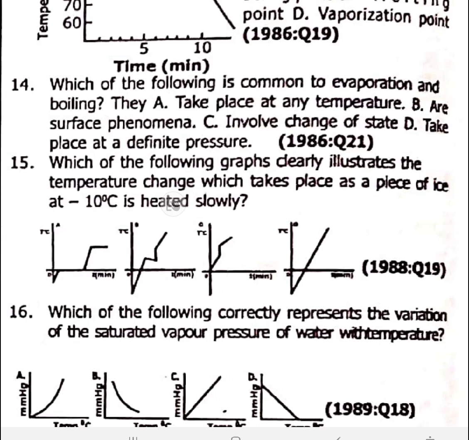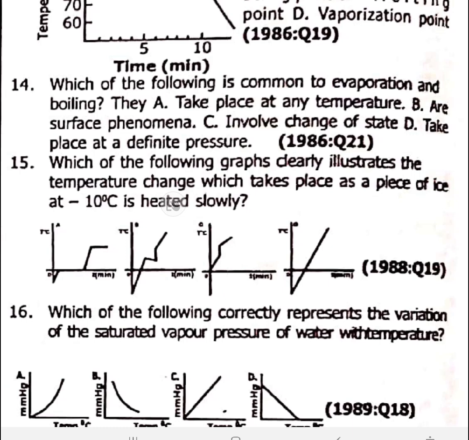Next, it is rapid. That is boiling, right? Next, the temperature is constant if the liquid is pure. Temperature for boiling point is constant if the liquid is pure. Next, the change of state at boiling point causes a liquid to change into a vapor.